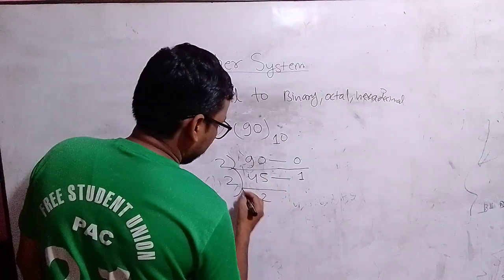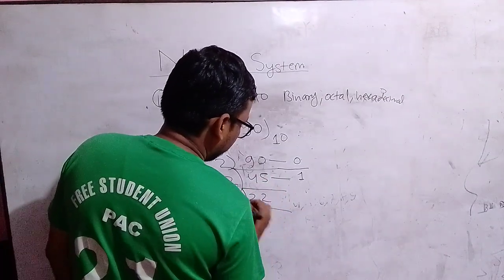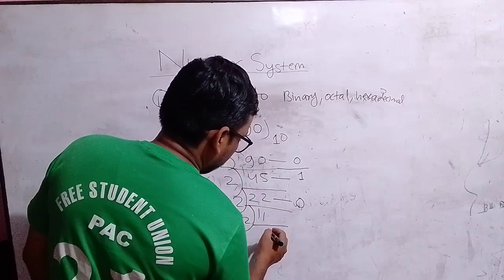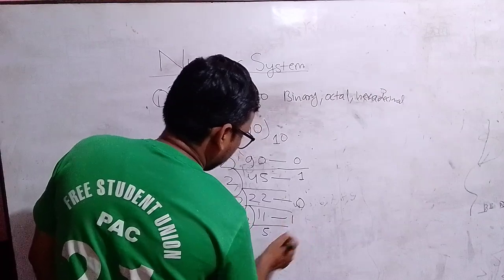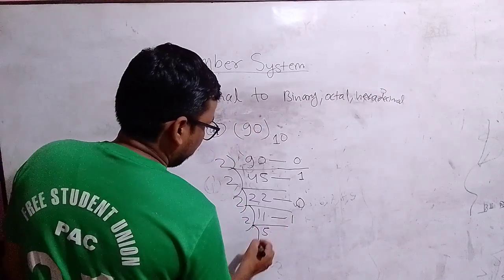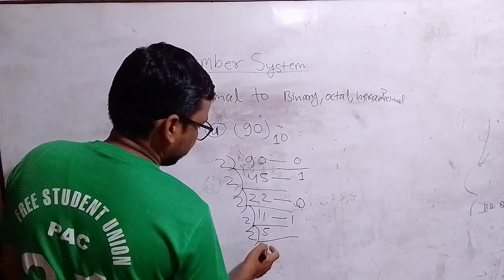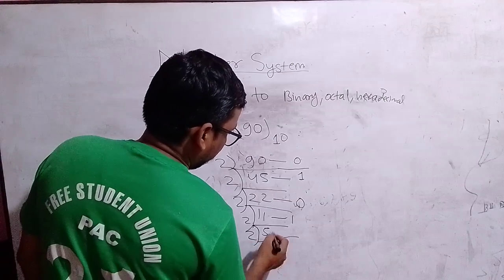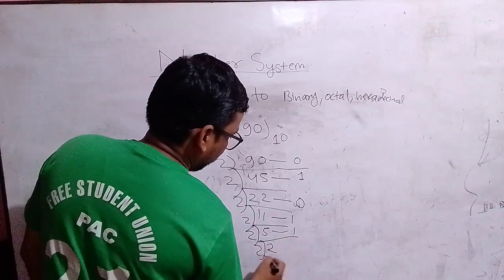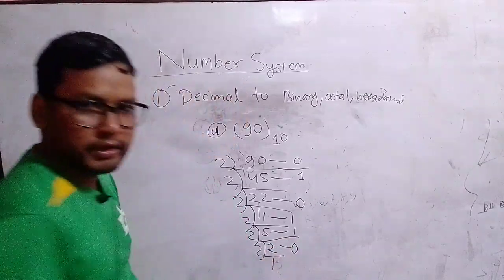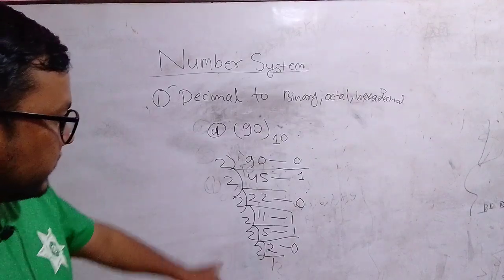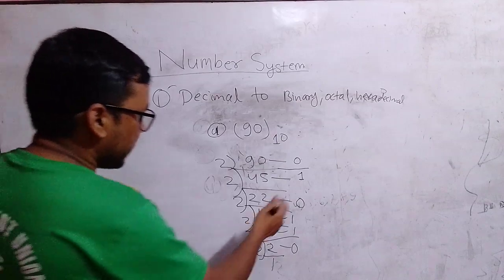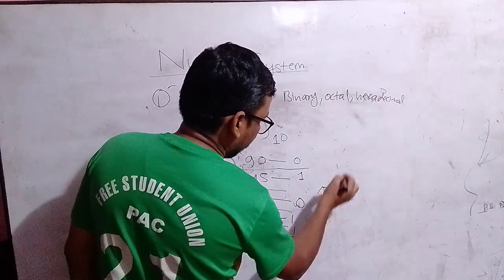We need to do it in this way. 2 into 11 is 22, remainder 0. 2 into 5 is 10, remainder 1. 2 into 2 is 4, remainder 1. 2 into 1 is 2, remainder 0. Now we obtain this result, and we need to organize these remainders from bottom to up.